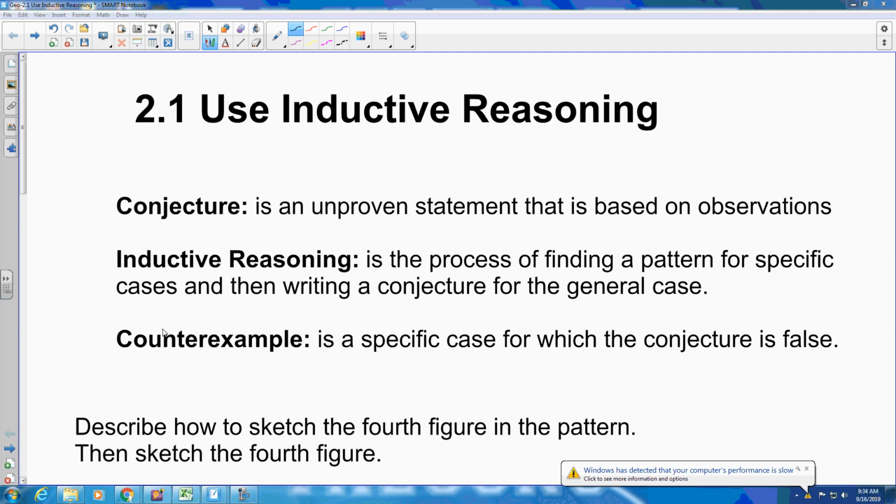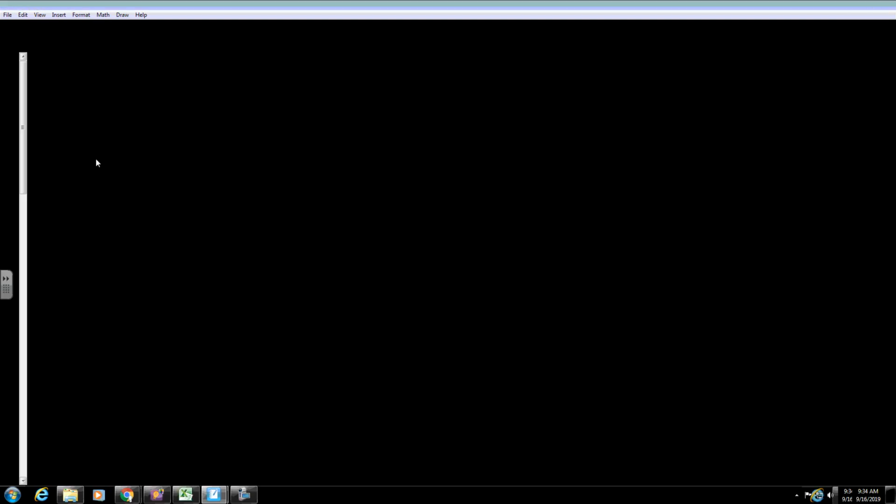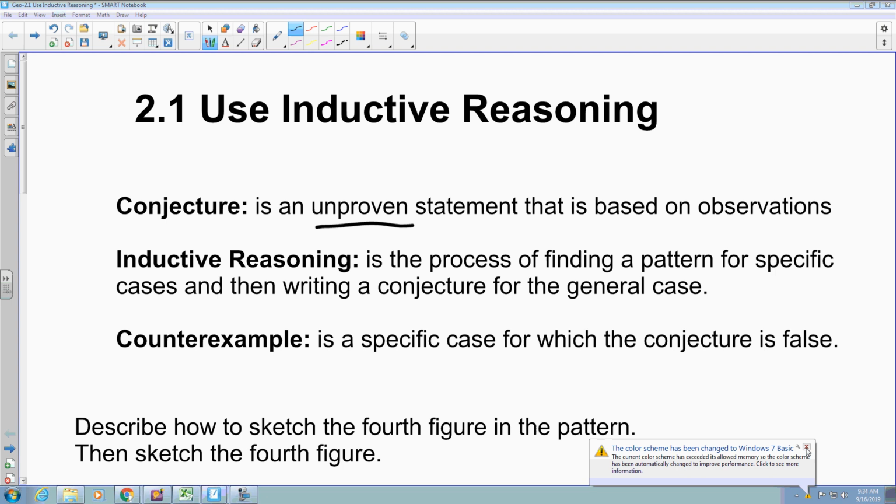First off, when you're performing some kind of inductive reasoning, you have to make a conjecture. A conjecture is an unproven statement that is solely based on observation. So it's nothing to do with a formal proof. It's just a conjecture of something that you observe.